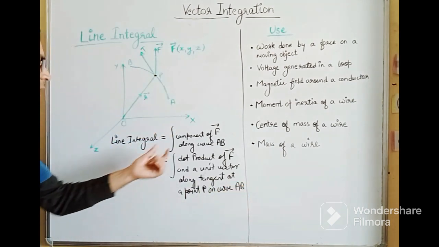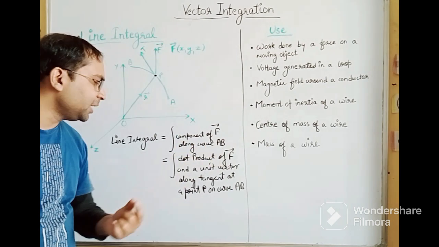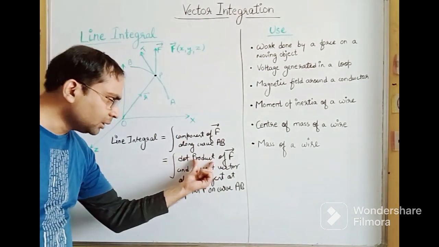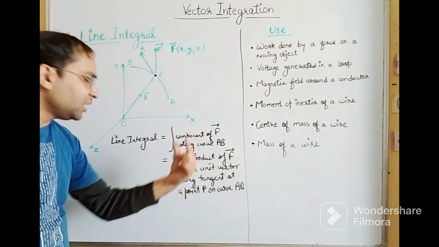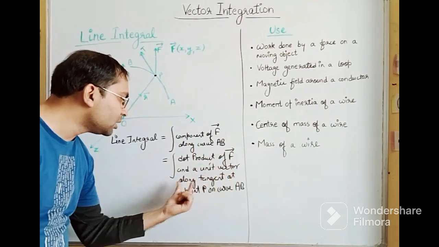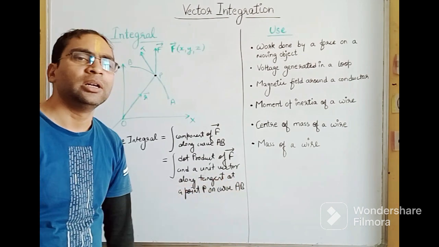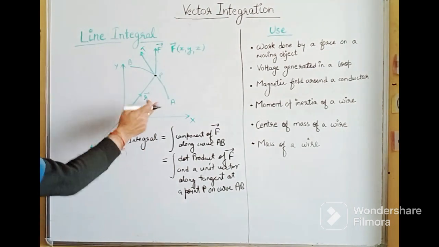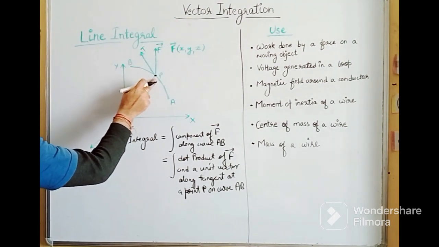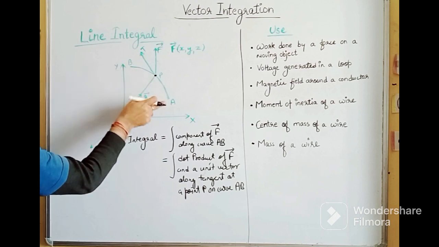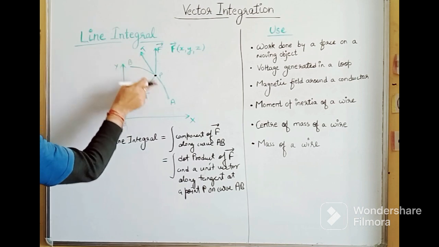So the component of f along curve AB can be redefined by the dot product of two things. One is the vector f and the second thing is a unit vector along the tangent at a point P on the curve AB. We can see this is a curve AB, there is a point P. Now we need to find the tangent at this P along AB, which is represented by PT.